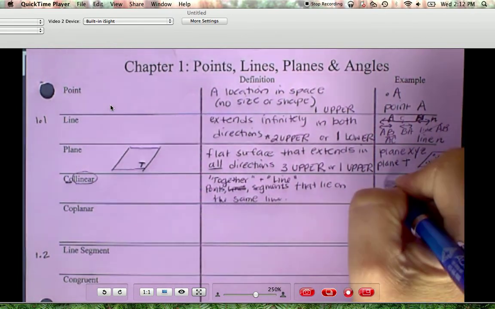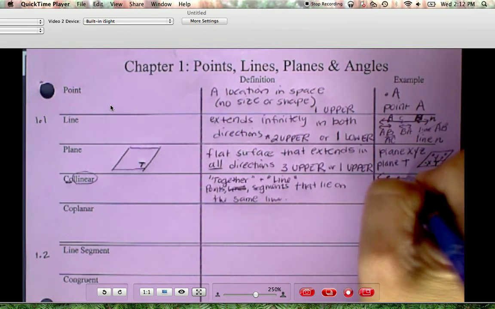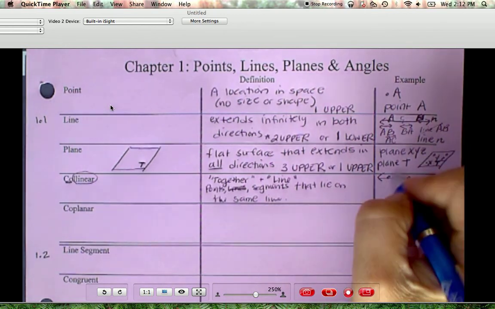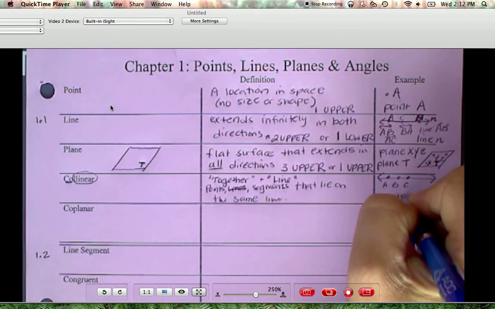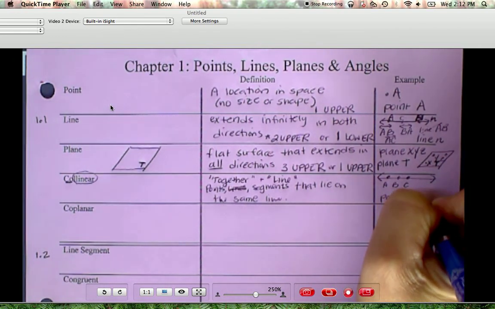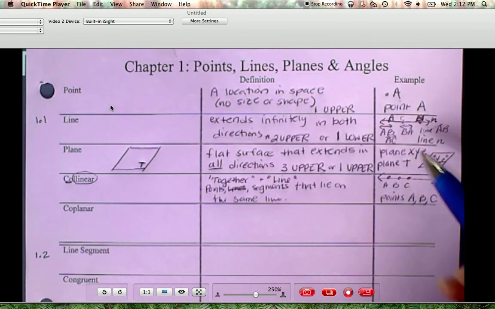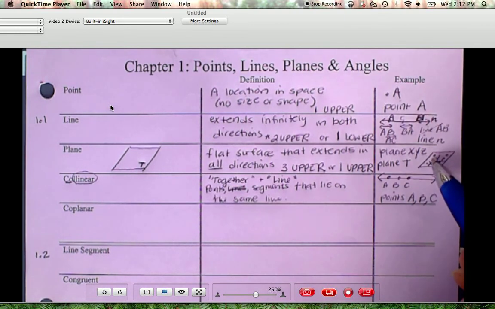For example, if I have this line and I have 3 points along that line, then those 3 points are called collinear points. So if I asked you to name 3 collinear points, you would say points A, comma, B, comma, C. This is important, very important. When you have 3 uppercase letters with no commas, it labels a plane.